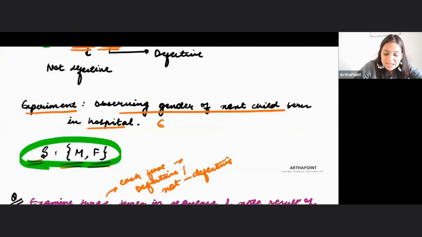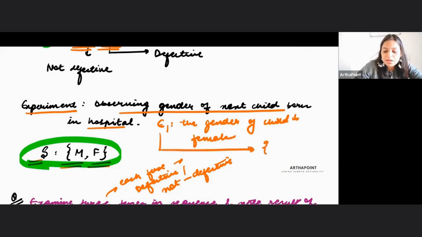My event can be that the gender of the child is female. Similarly, my event could be that the gender of the child is male. So in that case, the possible outcome is this.